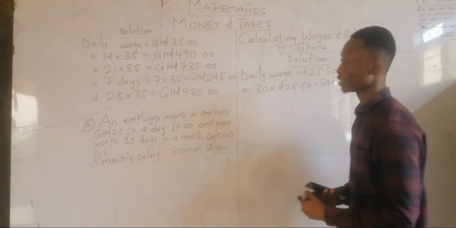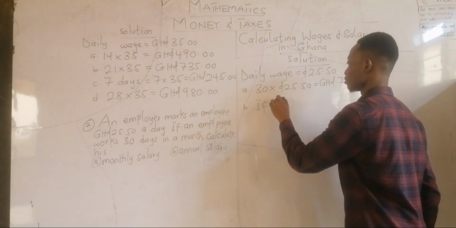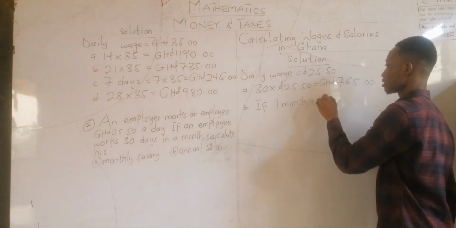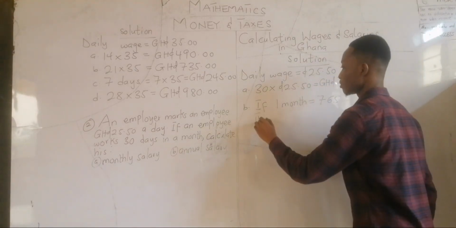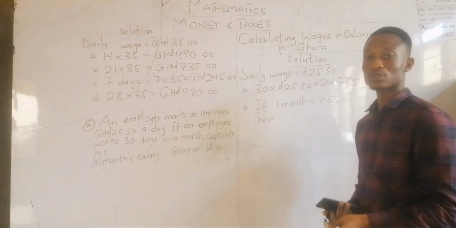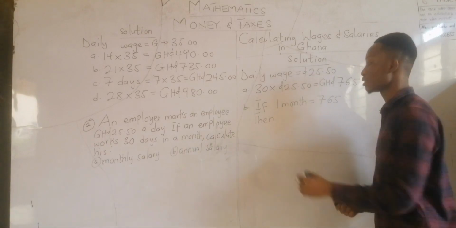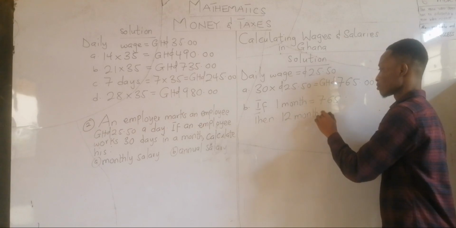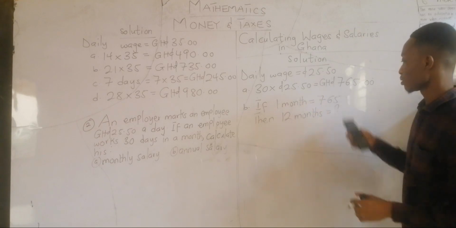Annually means every year. So if in 1 month he is taking 765 Ghana cedis, then annually, you know, in every year there are 12 months. So 12 represents a year. Here we are going to multiply.